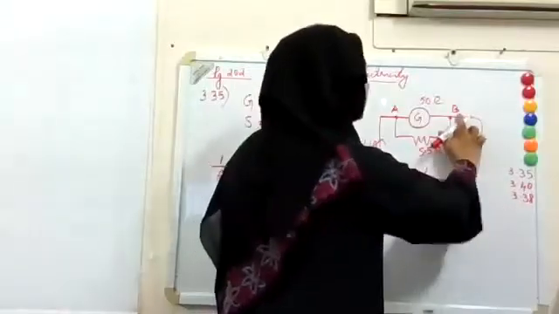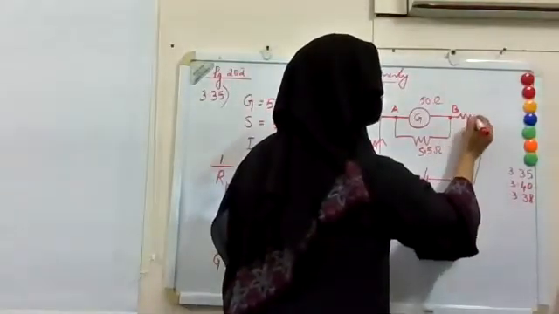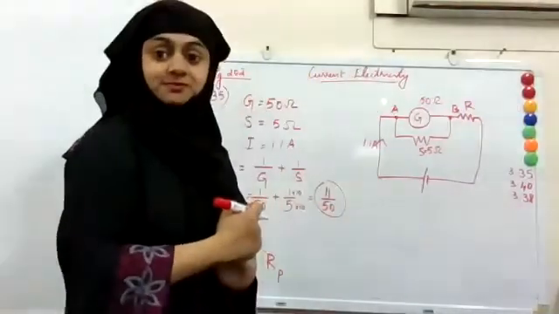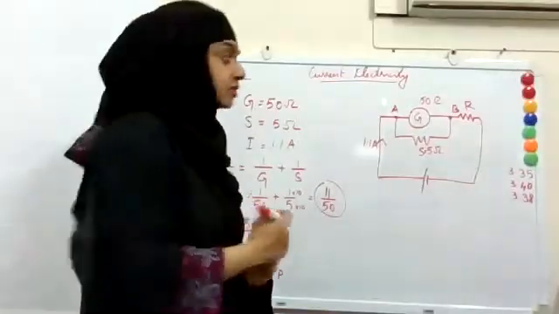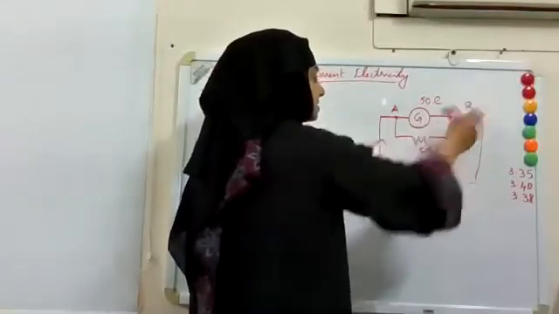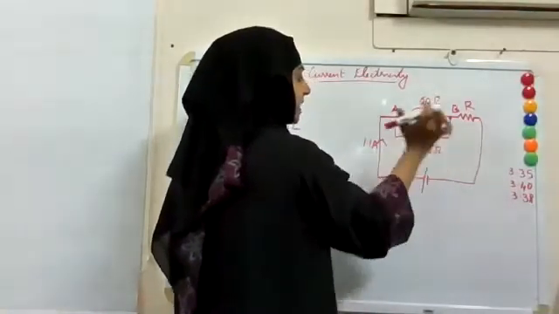Suppose we connect another resistance in series; let that be R. In order to keep the current the same, we have to increase the resistance, because connecting something in parallel reduced it.